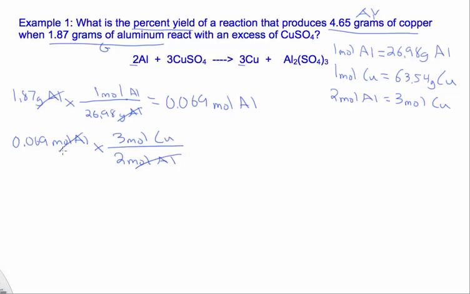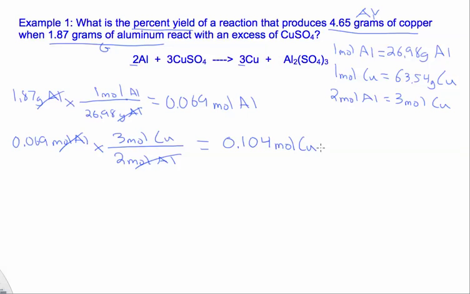Moles cancel out. We have to do times 3 and then divide by 2. And you have 0.103966. So you should have made this many moles of copper.